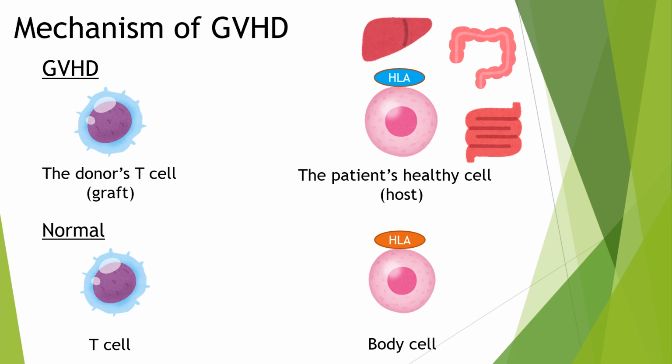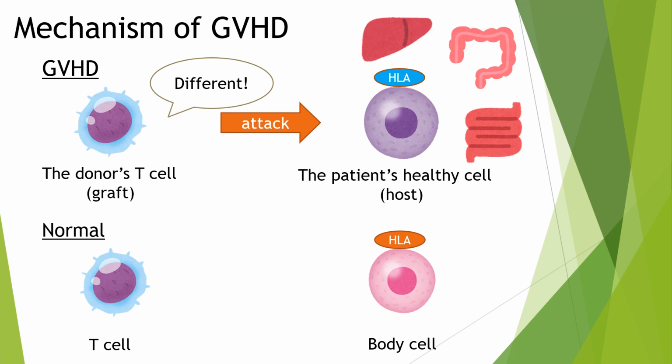GVHD occurs when the donor's T cells in the donated stem cells or bone marrow view the patient's healthy cells as different and attack and damage them. Normally, T cells don't attack our own cells because they recognize proteins on the cells called HLA.